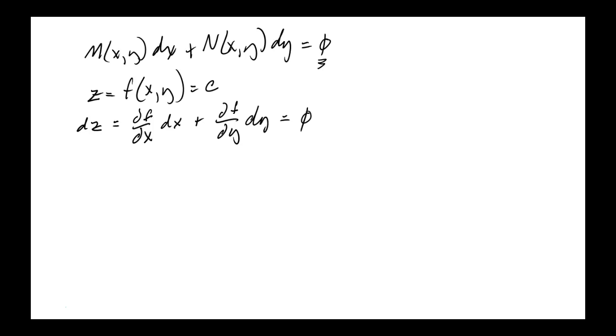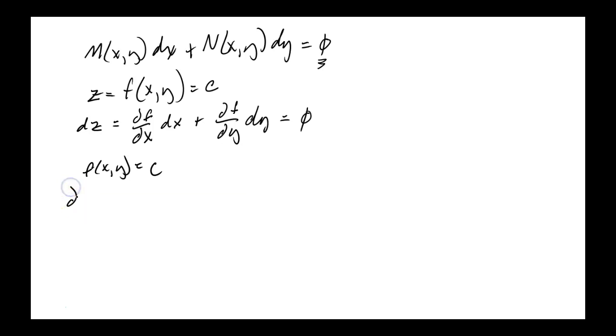In other words, given a one-parameter family of functions, f of xy is equal to some constant c, we can generate a first-order differential equation by computing the differential on both sides of the equality. Let's do it here first.